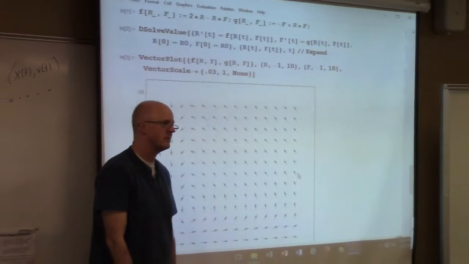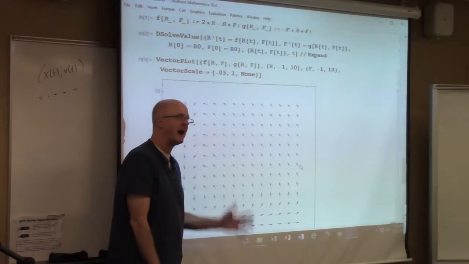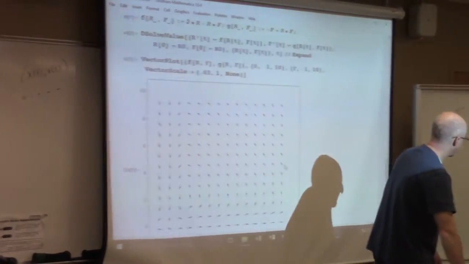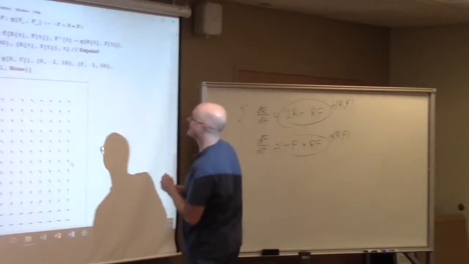Are there equilibrium solutions? Big dots that I should put in this picture? Let's try to figure that out by hand, quickly here.